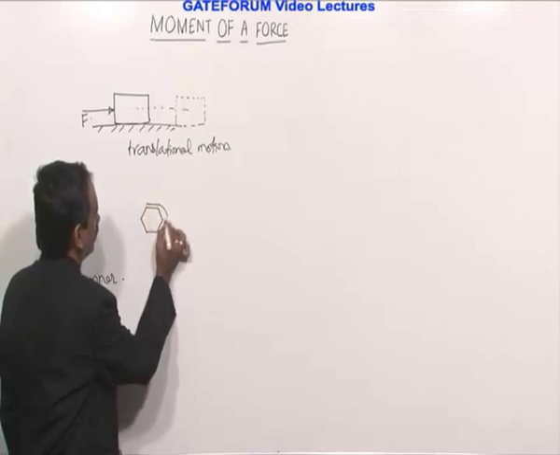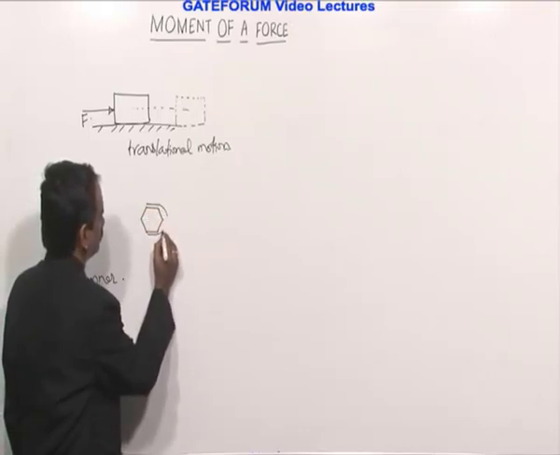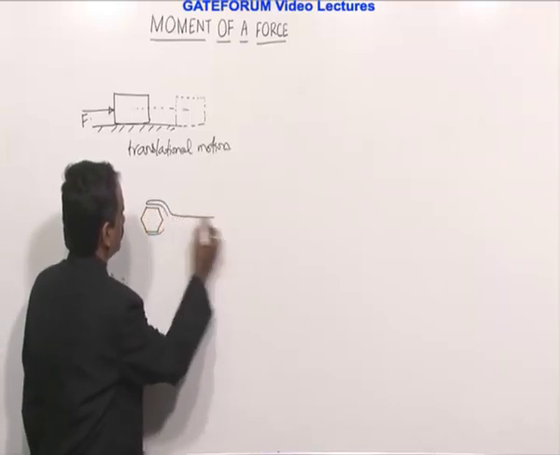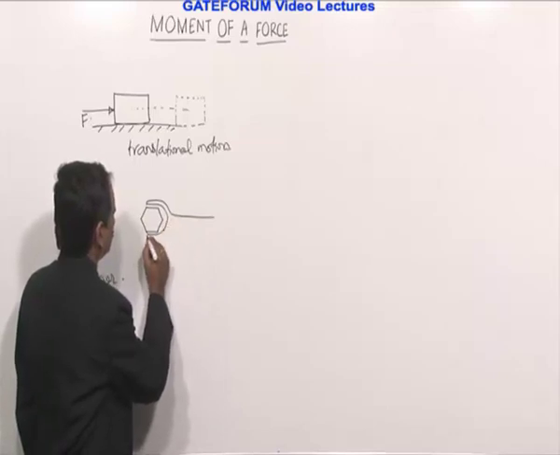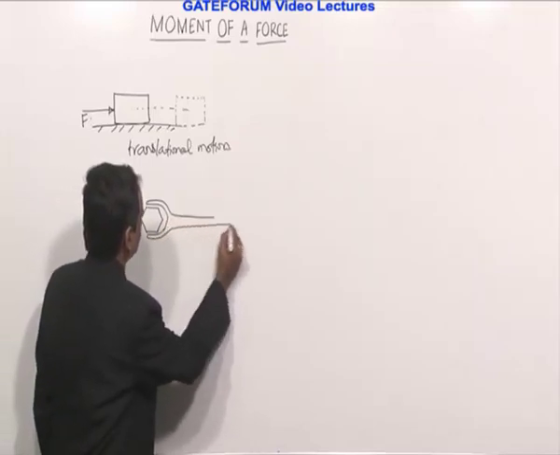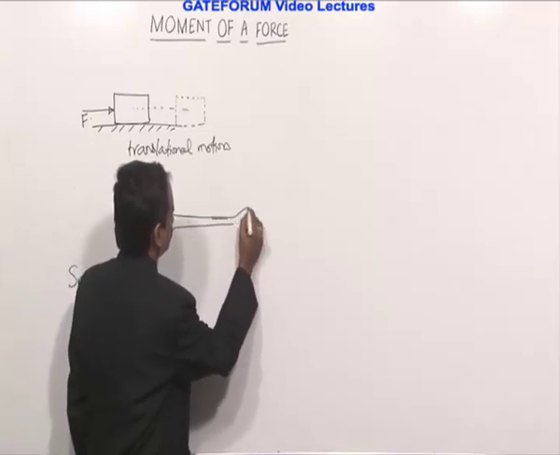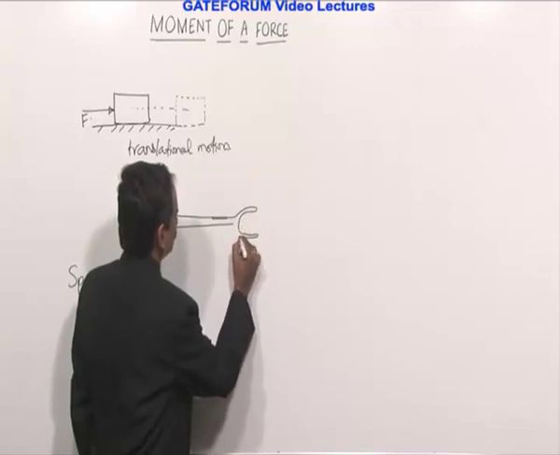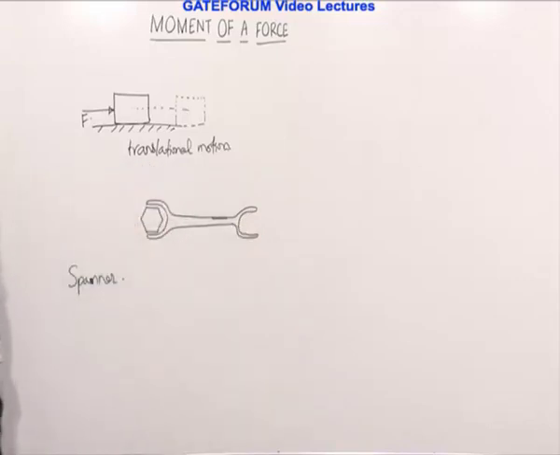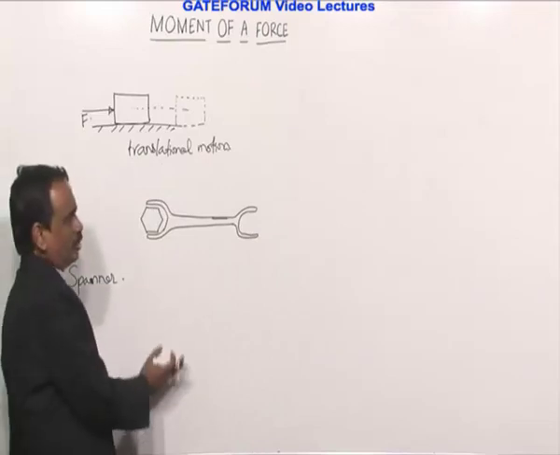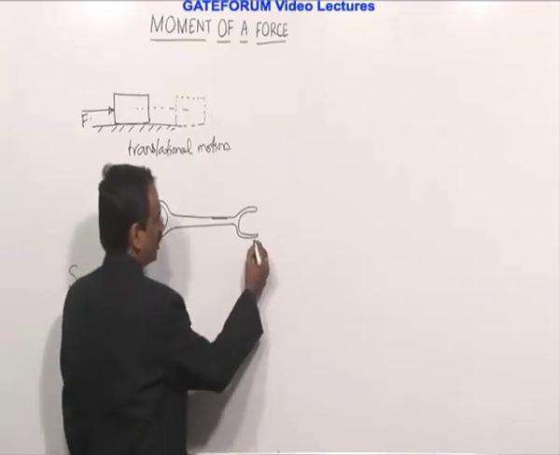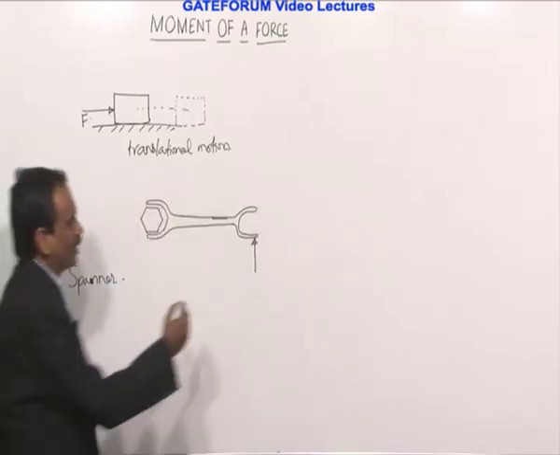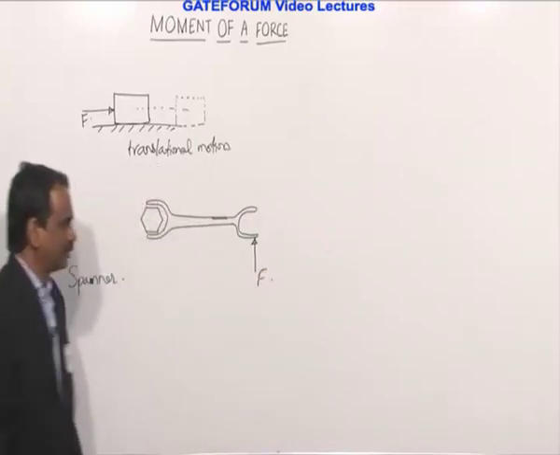I am drawing a spanner like this. Okay. Now in order to tighten it or loosen it, we may apply force in this direction or in this direction. Now here also force is acting.